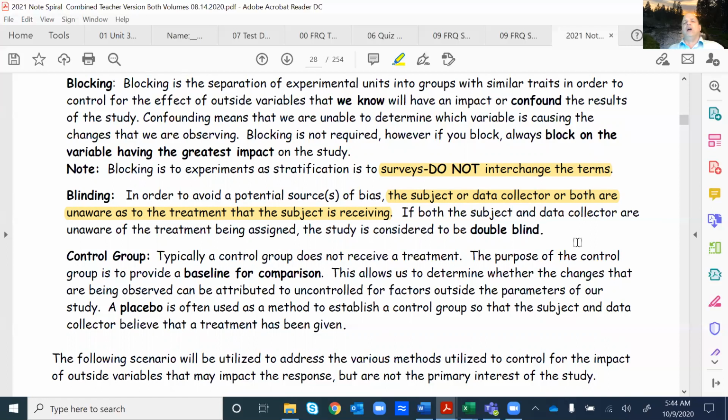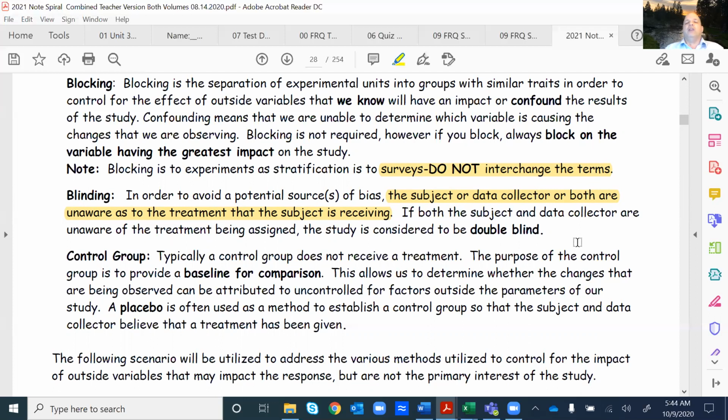The one people usually have trouble with is single blind, where the data collector doesn't know. So here's my example. If you put into a weight loss program and it involved exercise, I can tell you the subject is definitely going to know what exercise they're receiving. But when the data collector comes in and weighs them, they're not going to know what exercise the person received.